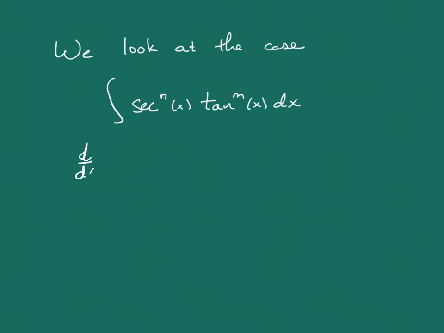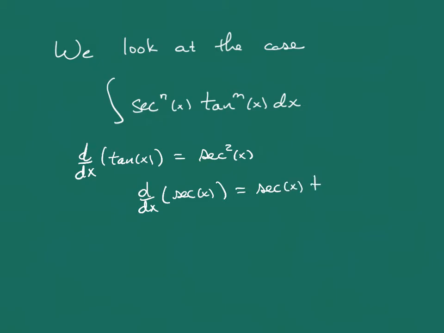If we talk about the derivative of tangent, remember that we get secant squared. And the derivative of secant is secant of x, tangent of x.